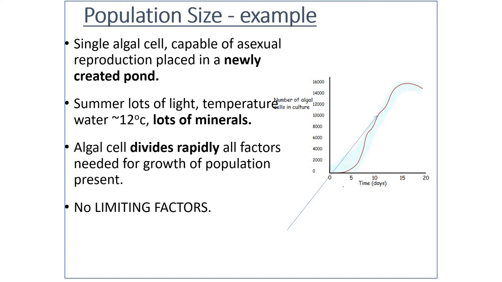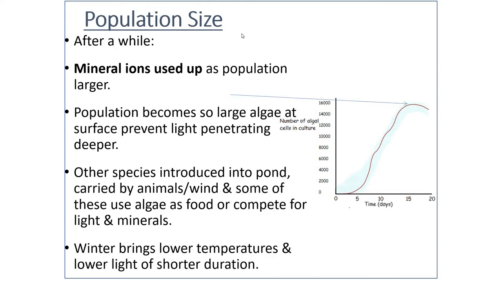Then in summertime, if there's lots of light, the water temperature is about 12 degrees C, which is quite high for big bodies of water, and lots of minerals, the conditions are pretty much optimum, and therefore you get exponential growth, the rapid growth phase. The algal cells divide rapidly because all the factors needed for growth are present. There are no limiting factors.